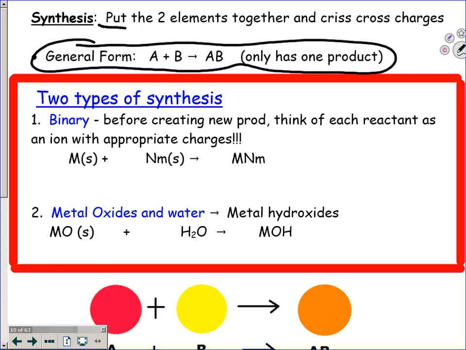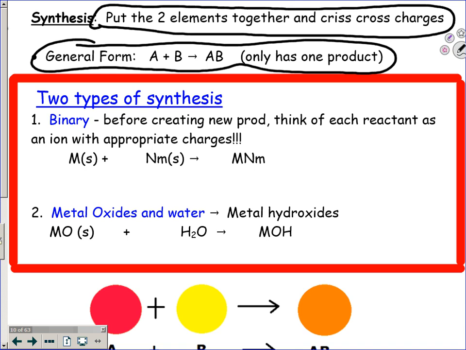Your definition's up here. That's your definition. General formula is a general reaction. It doesn't give you true elements.